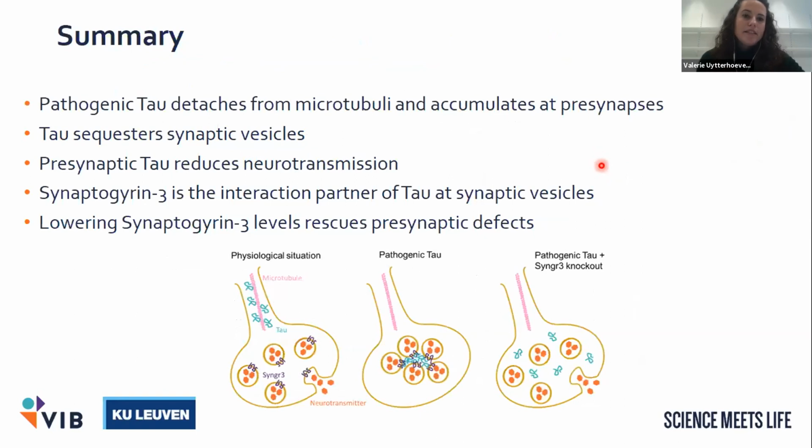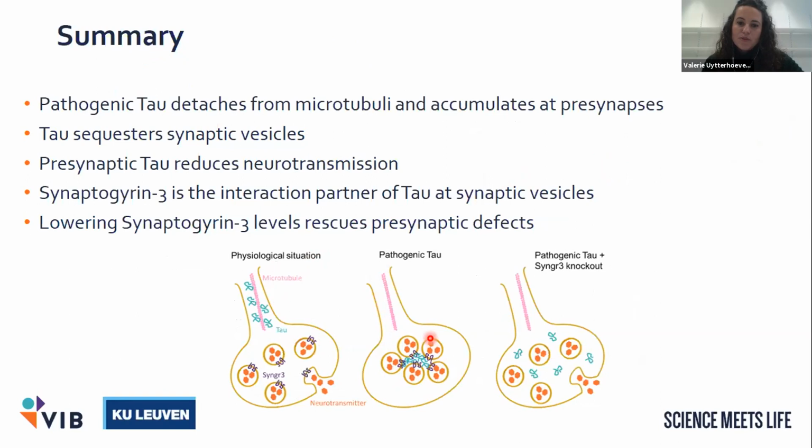To summarize this first part, pathogenic tau detaches from the microtubuli and accumulates at presynapses, where it sequesters synaptic vesicles, makes them less mobile, and reduces neurotransmission.